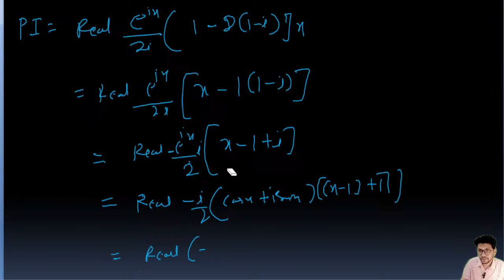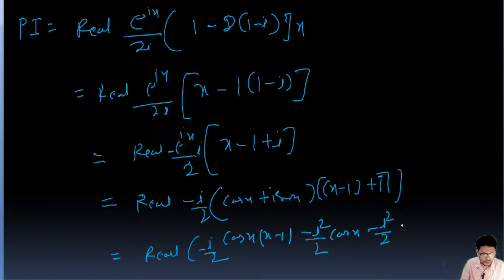So this is going to be minus iota by 2 cos x into x minus 1, and then minus iota square by 2 cos x, and then minus iota square by 2 sin x minus iota cube by 2 sin x. We have multiplied this with this and this.